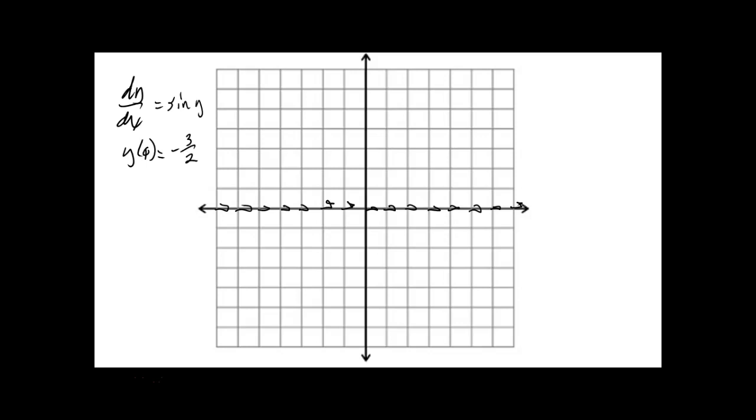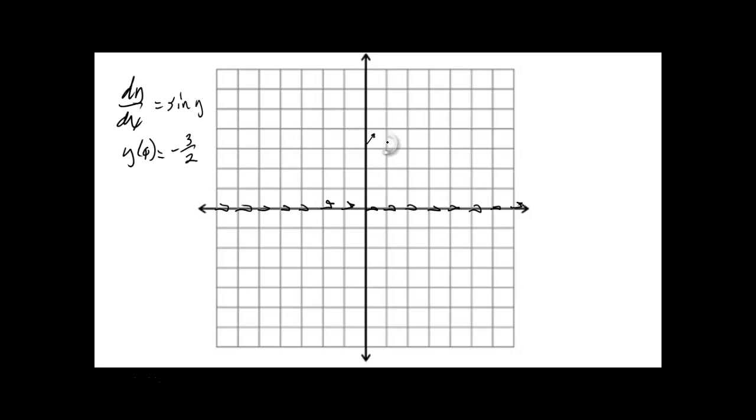Pick another y. Y is pi over 2. Okay, let's do pi first. That's 3.14. Let's do it up here. And what is the slope of that? 1?